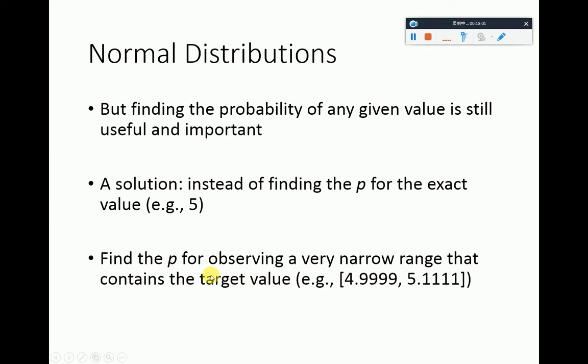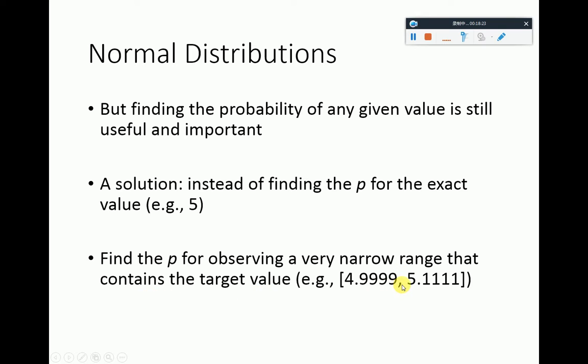If it is impossible to find the probability for an exact value, then let's find a probability for a very, very narrow range that contains the value we're interested in.